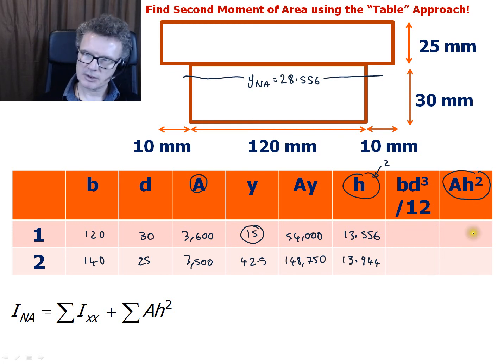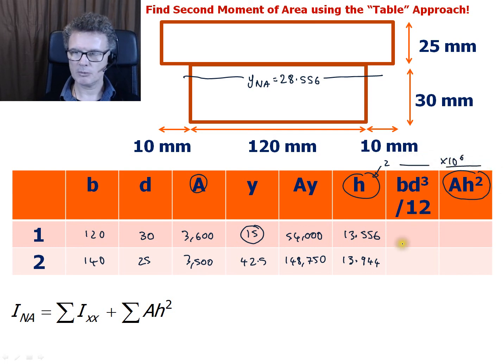Make everything the same units, and then you can just add all numbers together at the end. So the first one will be 0.66155.